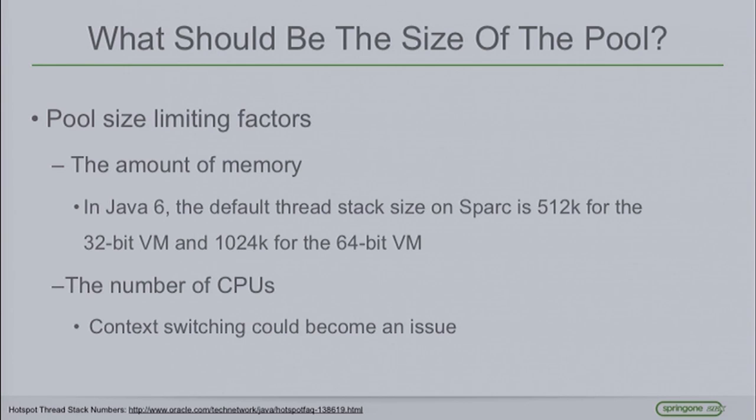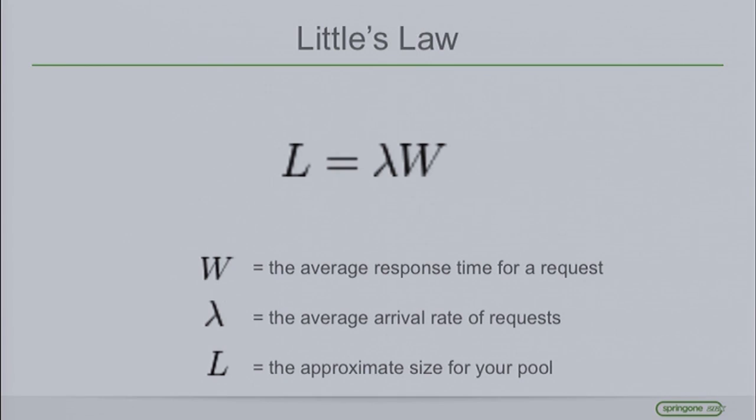So there's a lot of information on queue theory out there and how you should tune your threads. I'm just going to talk about one law here, which is Little's law. What this says is if you take the average response time for a request, so this would be roughly our application response time, and you multiply it by the average arrival rate of your requests, then you should get the approximate size of your pool.